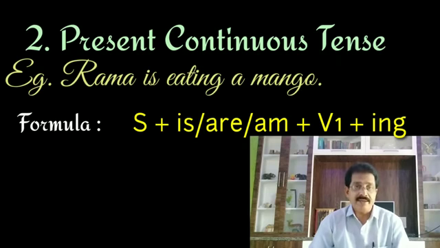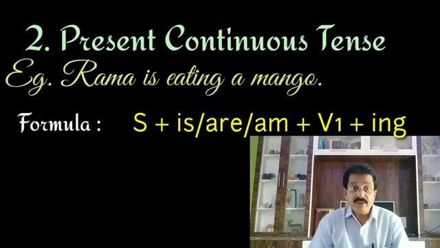So Rama is: Rama is the subject, is is the auxiliary verb, eat is V1, then for the continuous form we always add ing. So this is the structure: subject plus is or are or am, one of them you have to use, not all three together, plus V1, that is verb in the present form, plus ing.